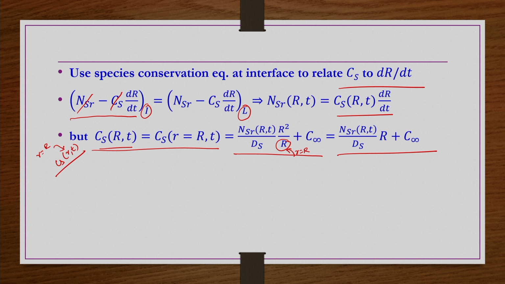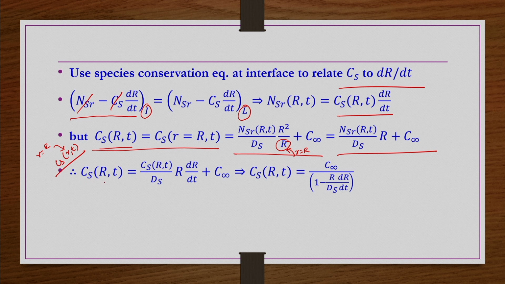So, what we have here, Cs at capital R comma t is equal to NSR at capital R comma t divided by ds, times R, plus C infinity was there, but NSR at capital R comma t we do not know. What we know is that it is nothing but Cs at capital R comma t times dr by dt.